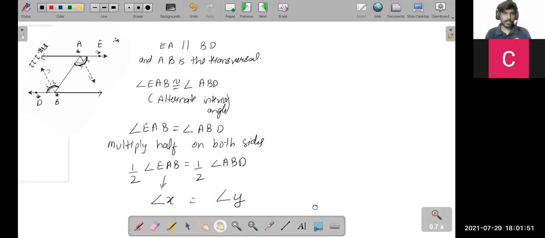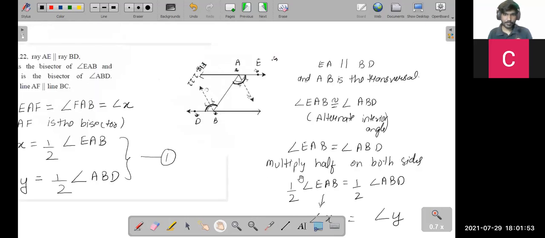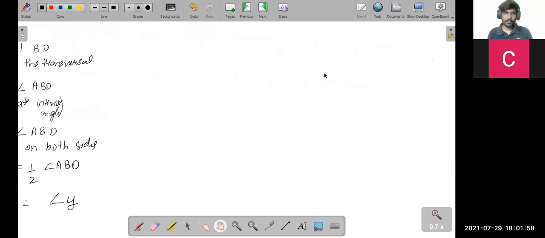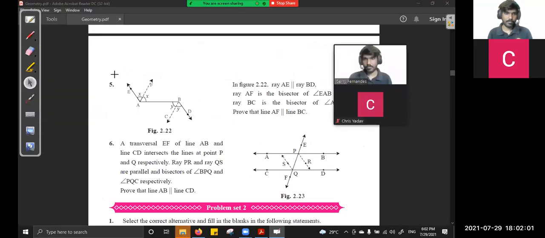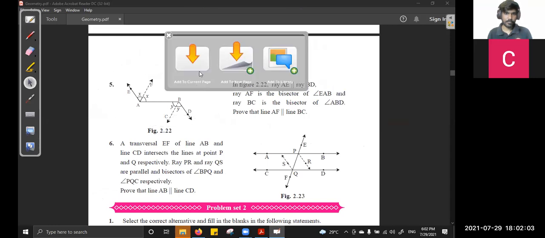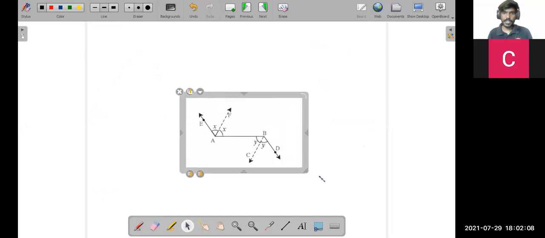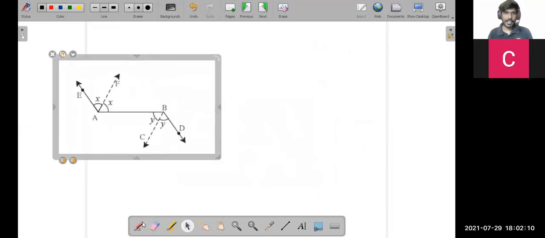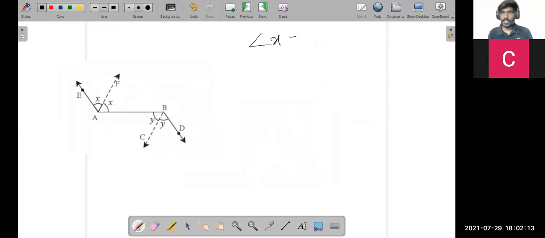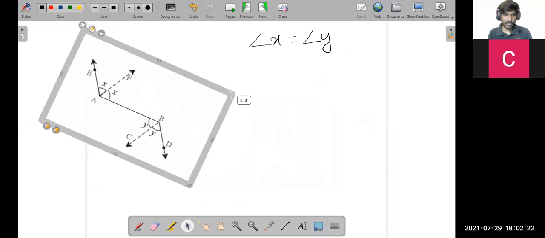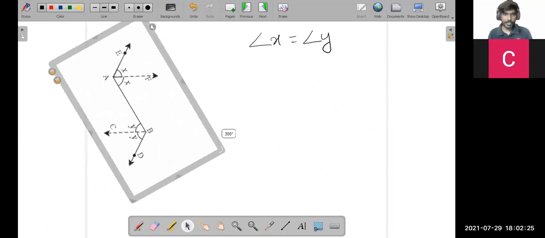Okay. Now I'll just take the diagram. So we have proved angle X is equal to angle Y. Now I will just rotate it like this such that AF.